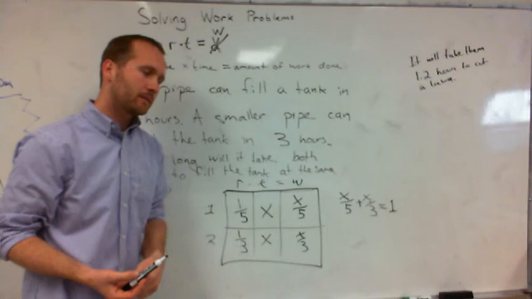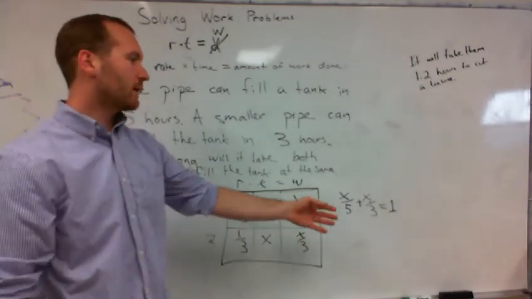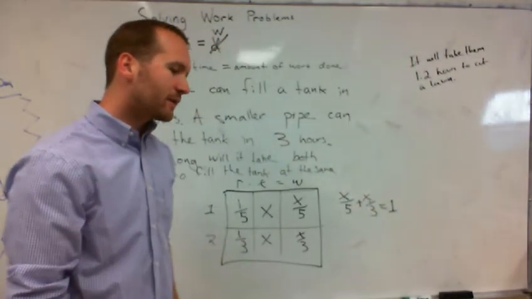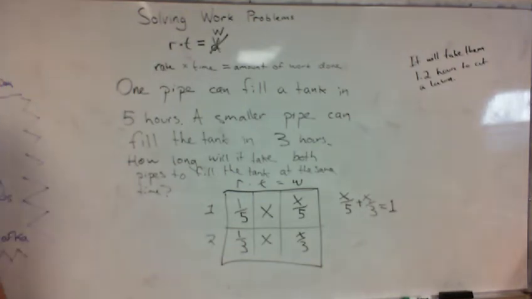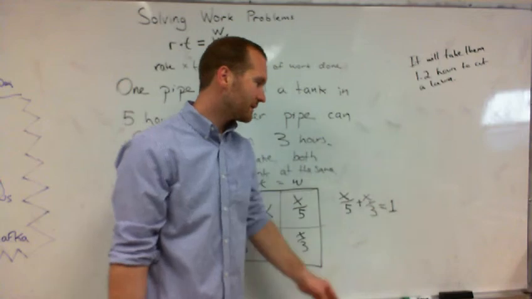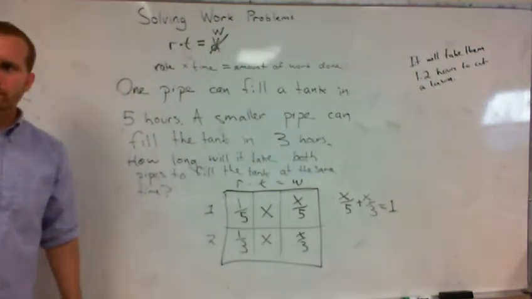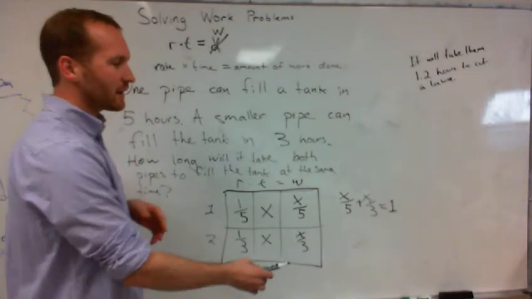So x over 5 plus x over 3 equals 1. For some reason you don't see a lot of problems like that. You almost always have a 1 over here. We'll get to some problems like that in a second.